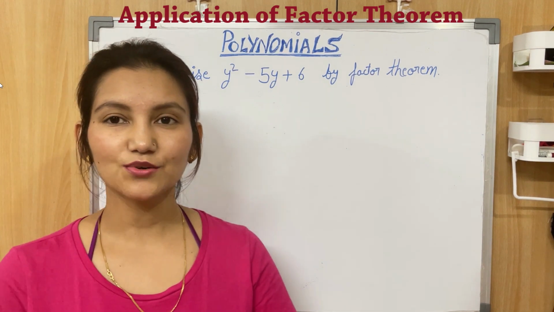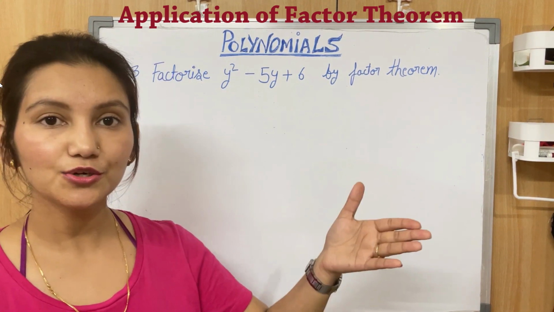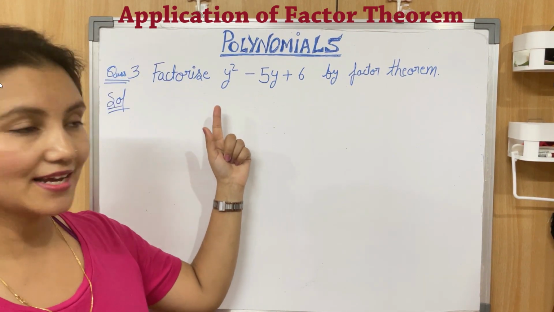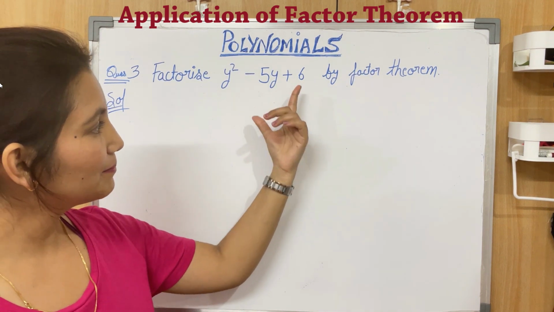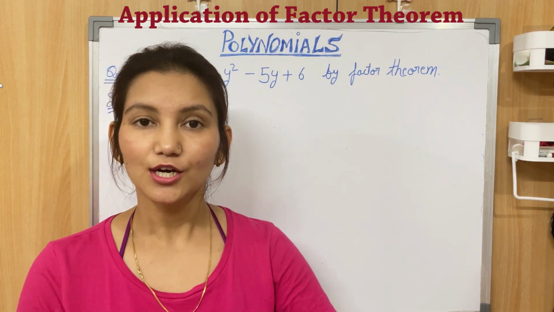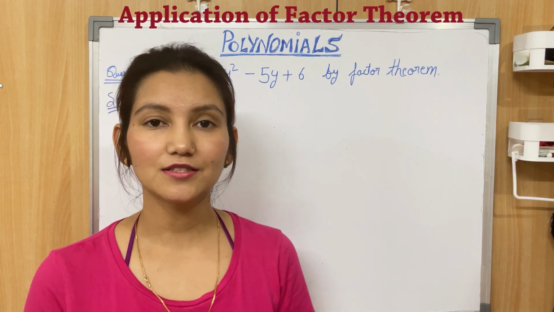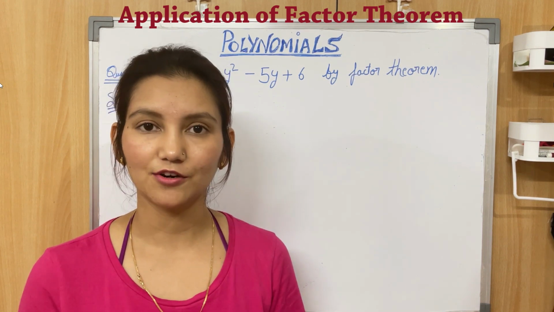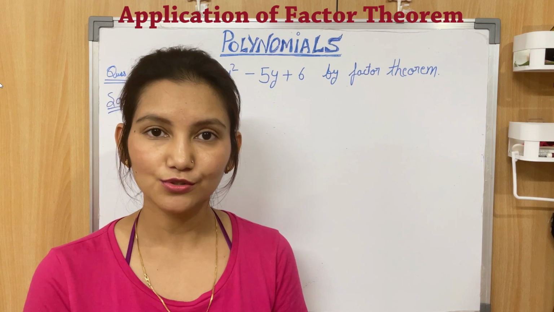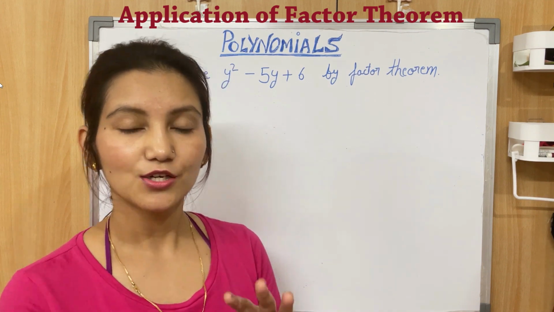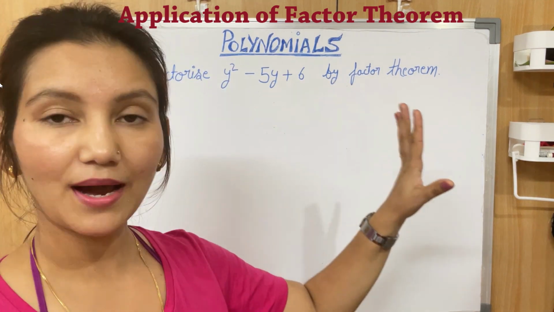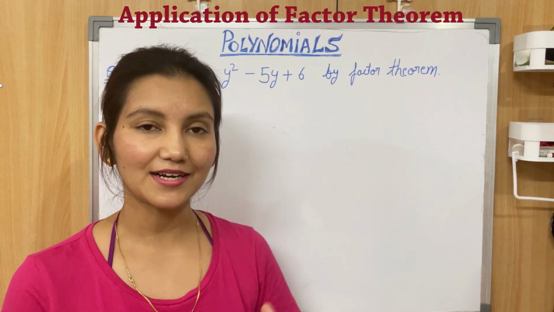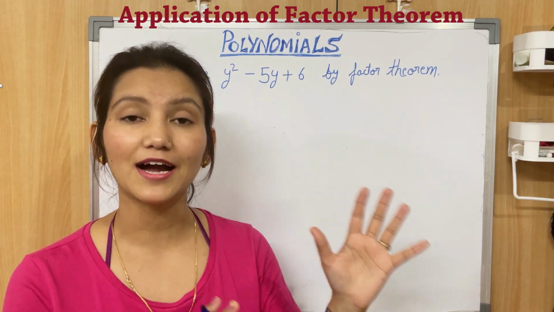So the next question for you is this. Here you have to factorize y squared minus 5y plus 6 by factor theorem. Yes, you can use factor theorem to factorize a polynomial. So we have to factorize it by using factor theorem. Factorize means we have to find the factors.